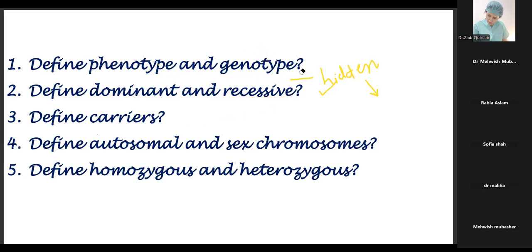So we will discuss it so that you can build a concept here. Let me tell you, if there is a disease which is dominant, firstly, I will tell you that every person has two genes, and this is the gene for cystic fibrosis. We're talking about this disease, cystic fibrosis.